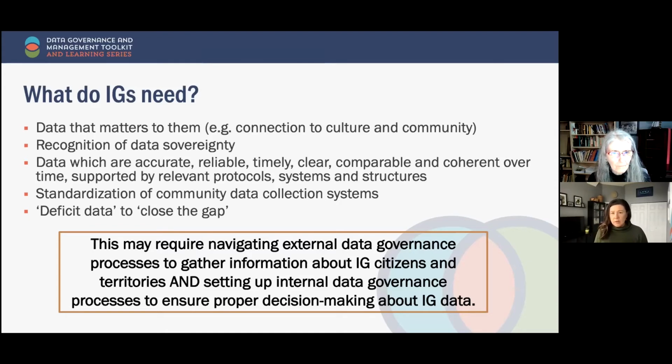We're also going to talk about the need for greater infrastructure and support within each IG to collect and manage their own data systems. And finally, in addition to all of that data that matters to us, we also need what Laurel and I have been calling deficit data, that gap data.